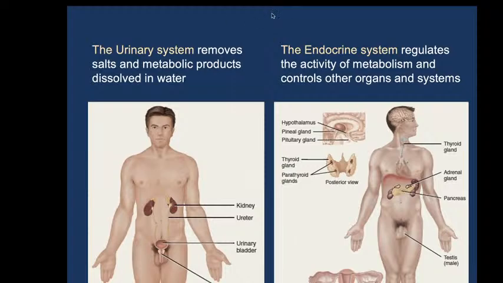Endocrine system, you see a lot of glands. This is the thyroid gland on the neck, pancreas, adrenal glands, and pituitary gland in the brain, as well as some hormones produced in the genital systems, like the ovaries and testes in men here.